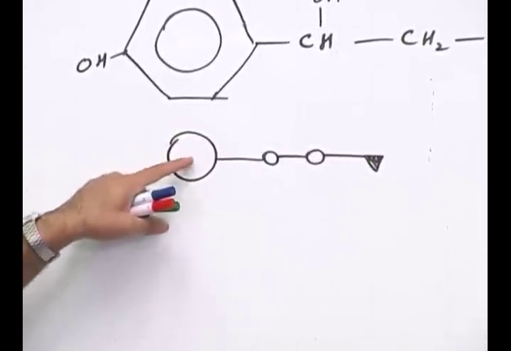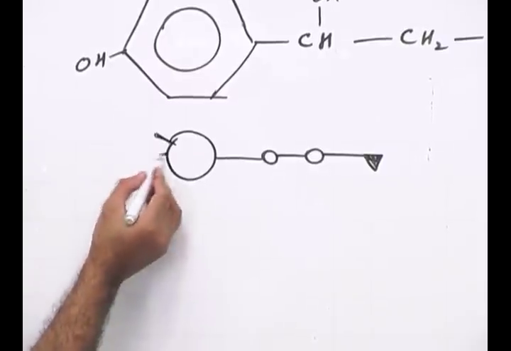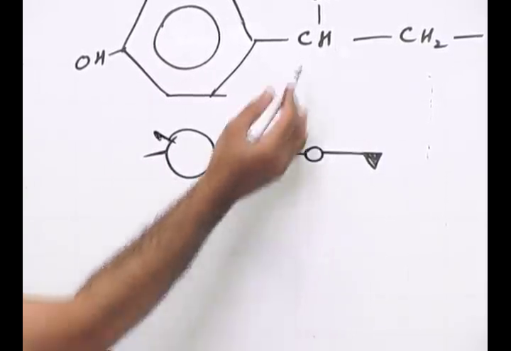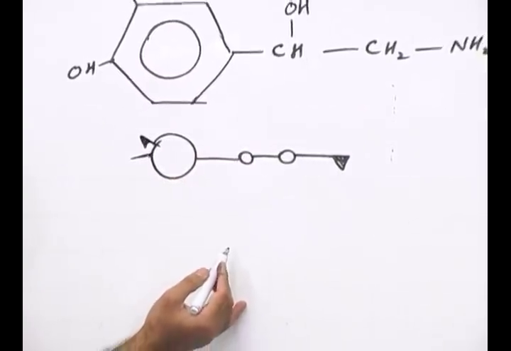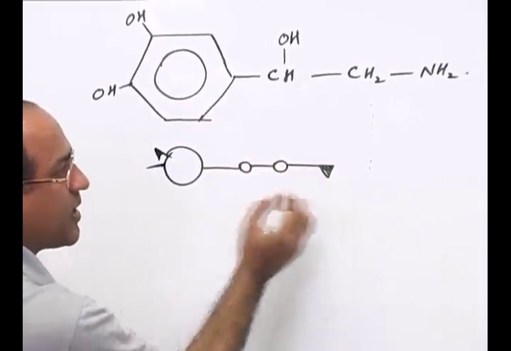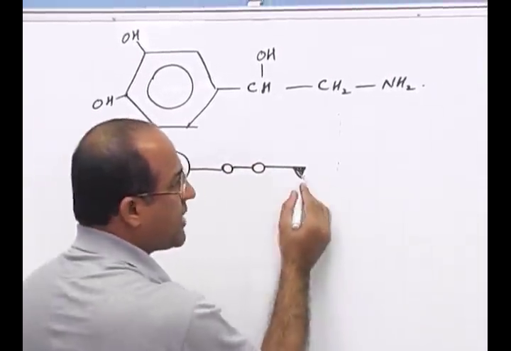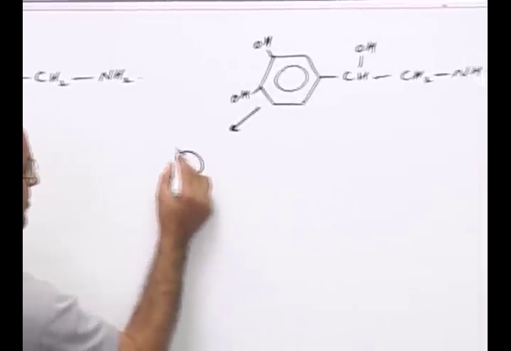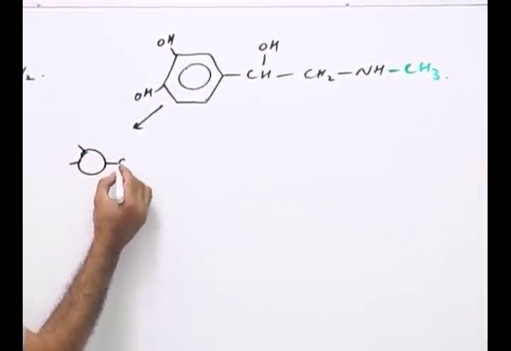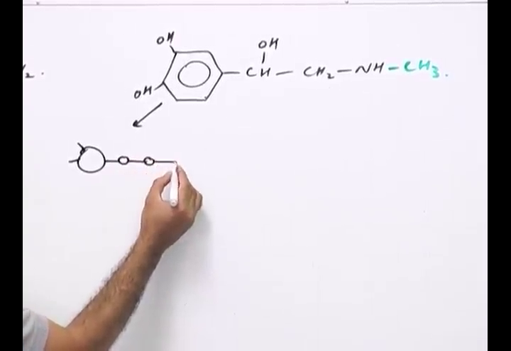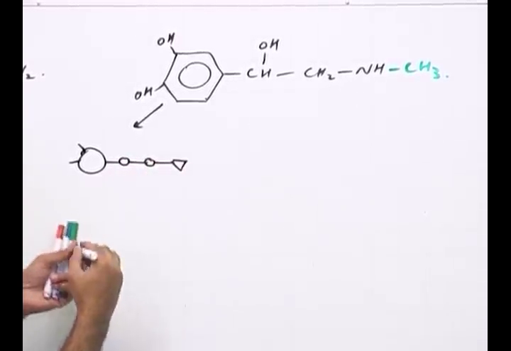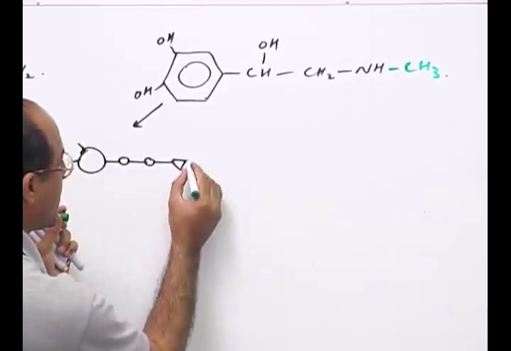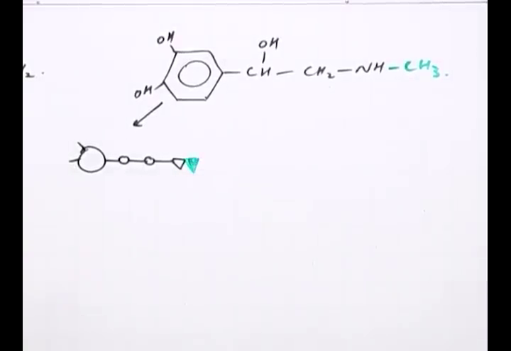This is a major ring with two hydroxylations, then the ethyl chain, and then the amino group. If we compare this molecule with that molecule, again it is also a catecholamine: carbon, carbon, amino. Here the amino group is heavier or lighter? Heavier. It has an extra methyl. Is it difficult to understand?